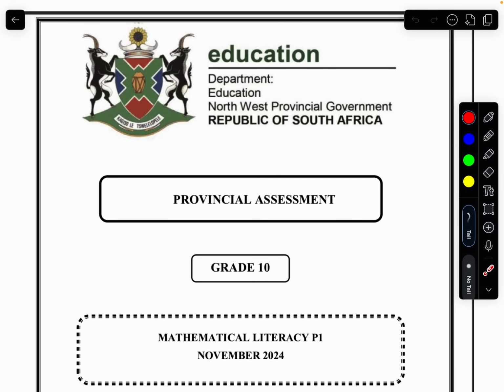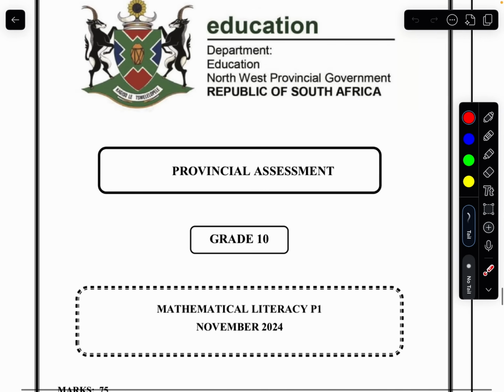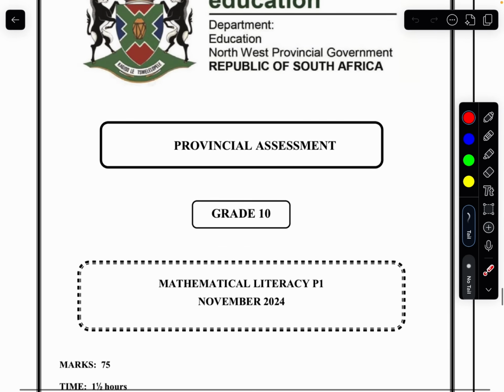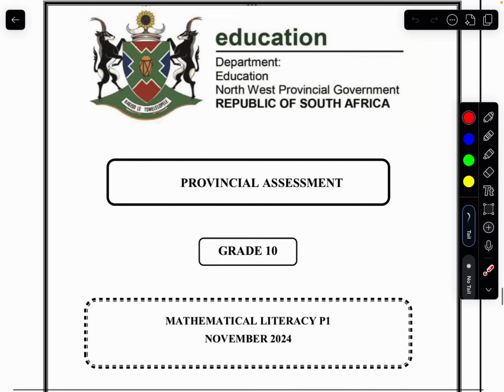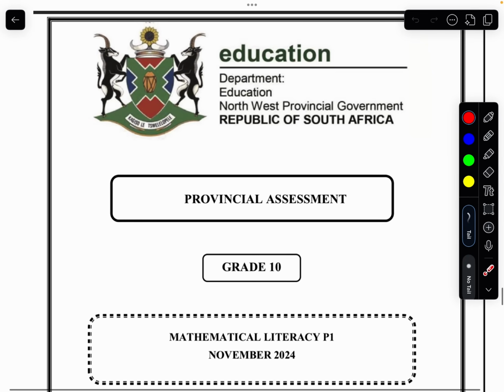This is a grade 10 mathematics literacy question paper 1. It's a year 2024 paper from the Northwest Province. I'm going to answer these questions and show you how to answer them. Paper 1, guys, consists mainly of data handling, finance, and integrated questions with probability.